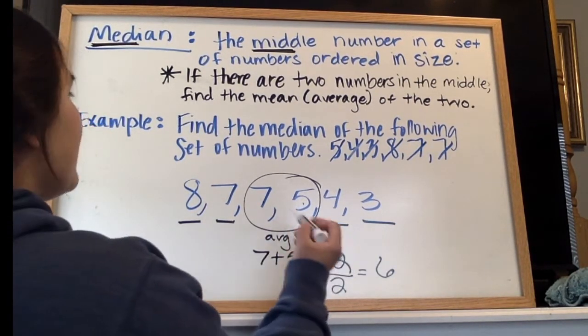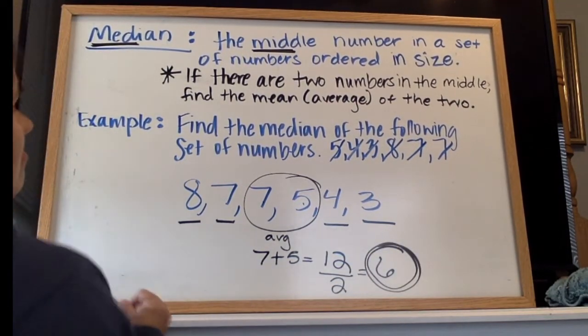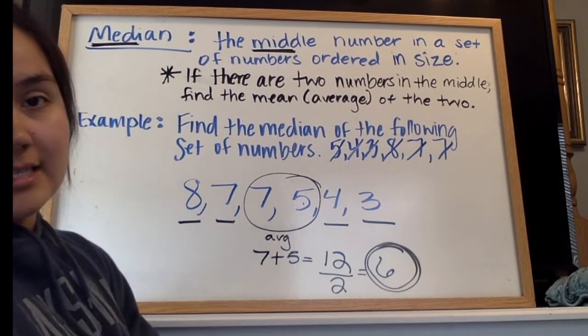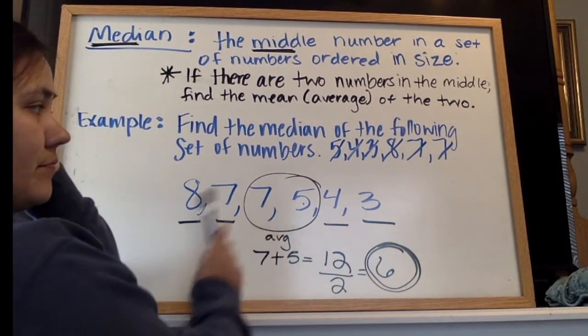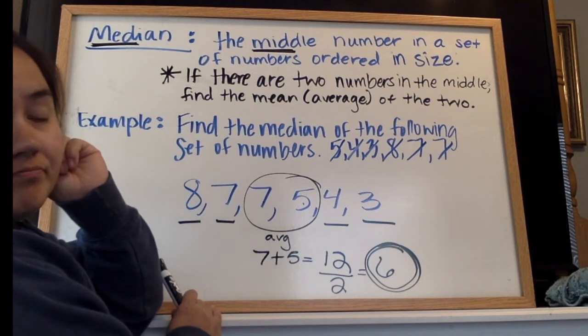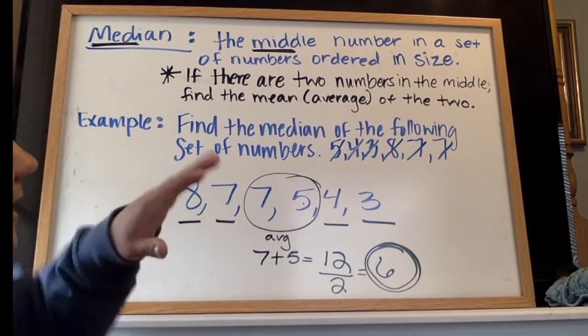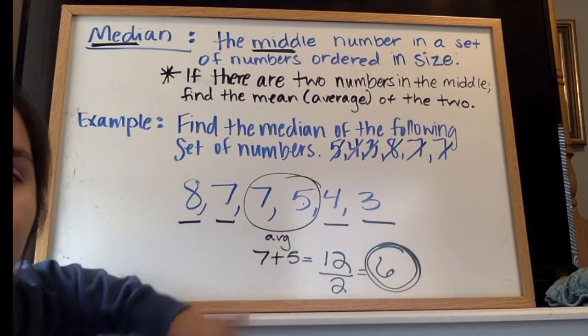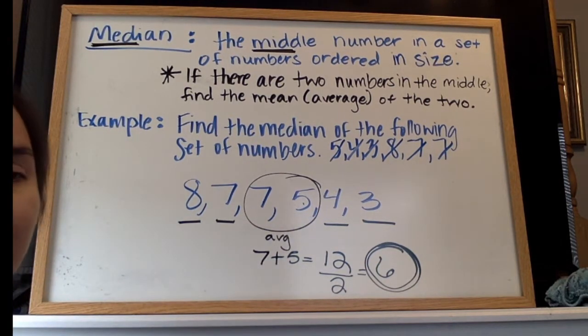So my median is 6, even though that wasn't one of the numbers listed. But technically, it's the exact middle of the numbers in the middle, okay? So I just wanted to give you an example like this to make sure that you know what to do when a situation comes up where you have 2 in the middle, okay?